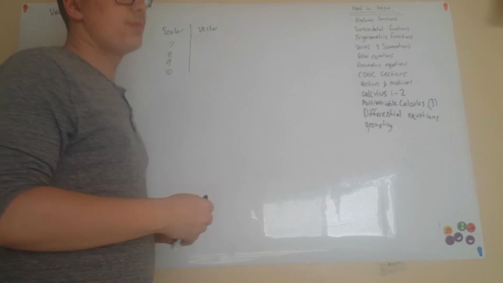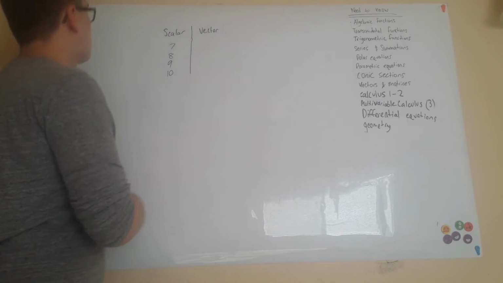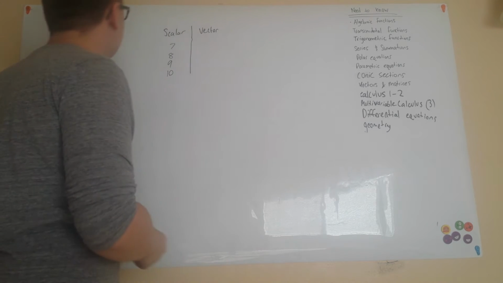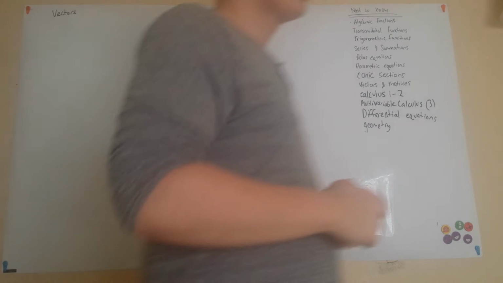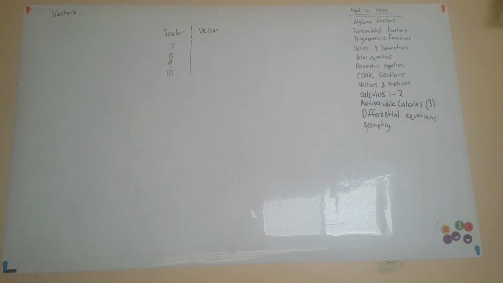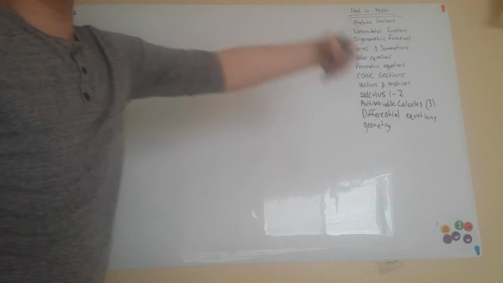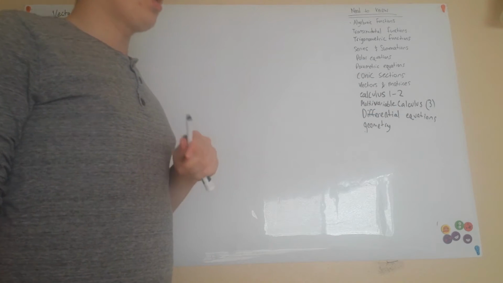So the thing I want to really say is we can visually represent vectors because they give us directions and quantities.